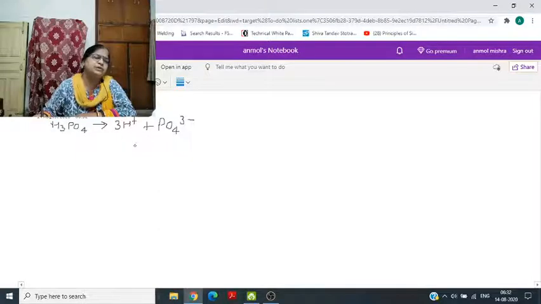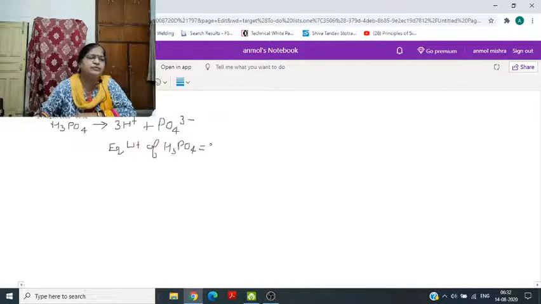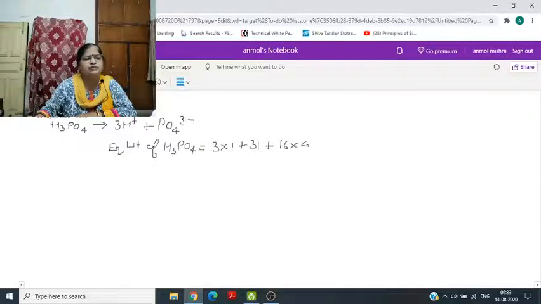So again the equivalent weight of H3PO4 will be the molecular mass of phosphoric acid, so it is 3 into 1 plus phosphorus 31 plus oxygen 16 into 4, and the total number of hydrogen ions present here is 3. So it will be divided by 3. So you can calculate it.